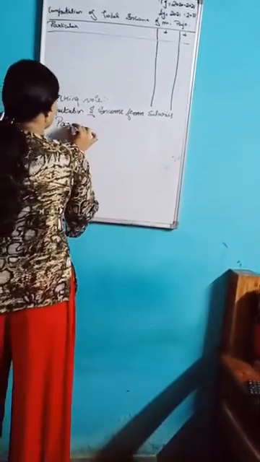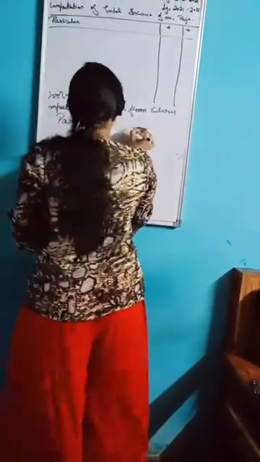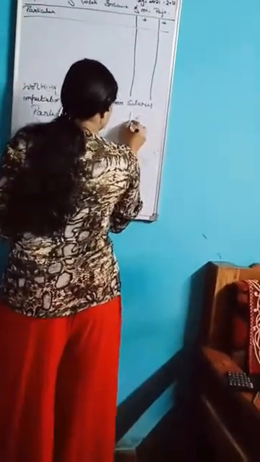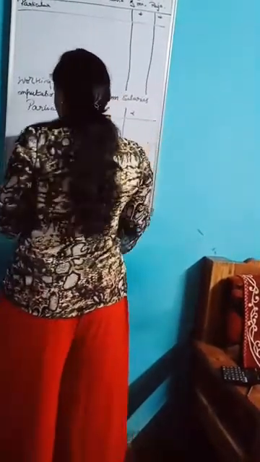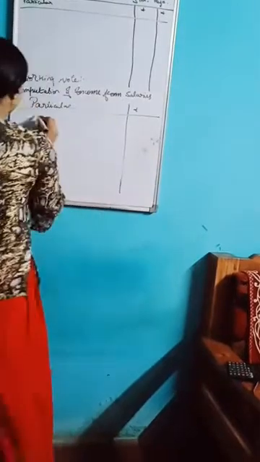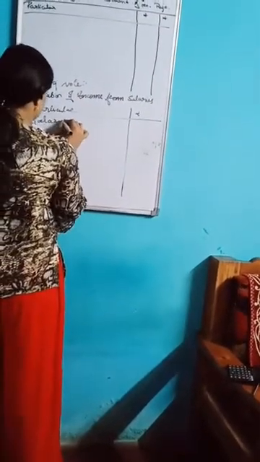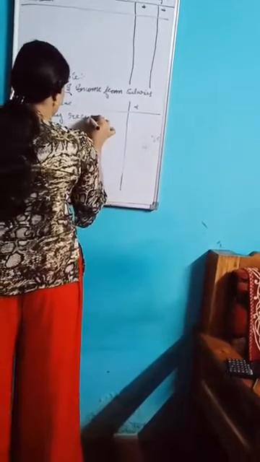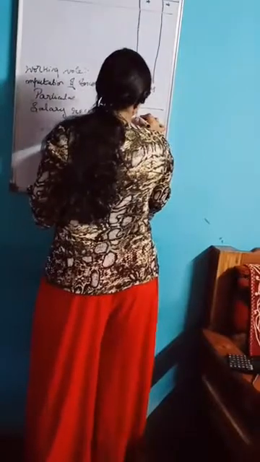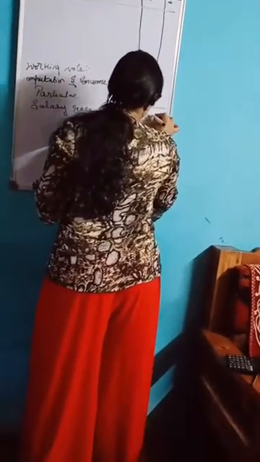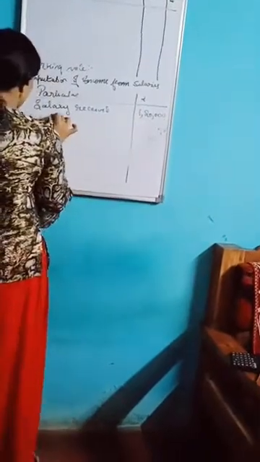Particular, amount. So salary received how much? 1,20,000, isn't it? Salary received 1,20,000. Next one is deduction under section.